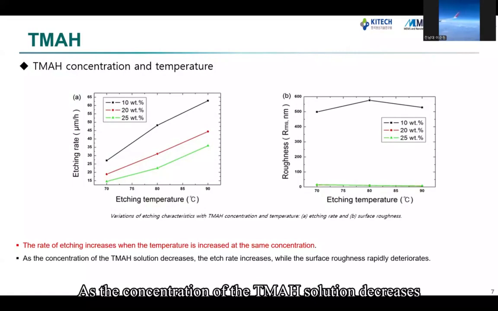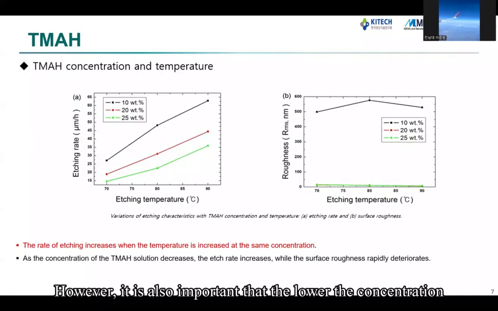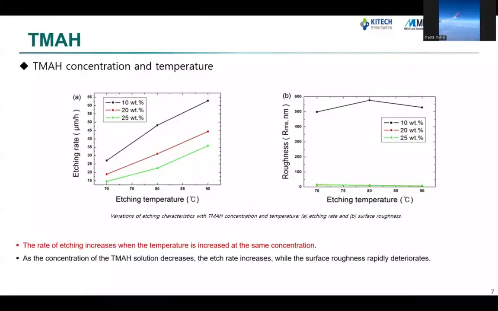As the concentration of the TMAH solution decreases, the etching rate increases. In other words, the lower the concentration, the faster the etching proceeds. However, it is also important that the lower the concentration, the more rapidly the surface roughness deteriorates.